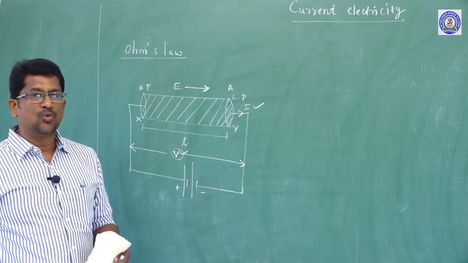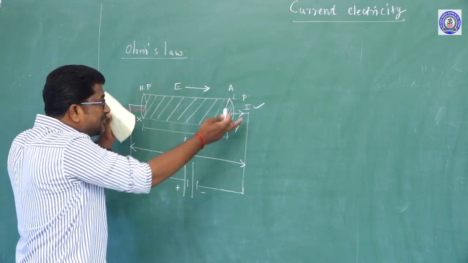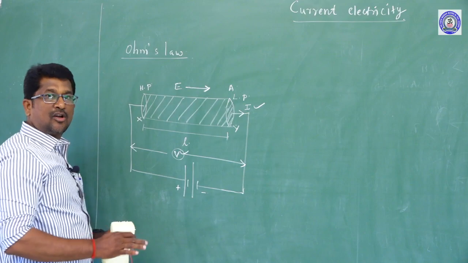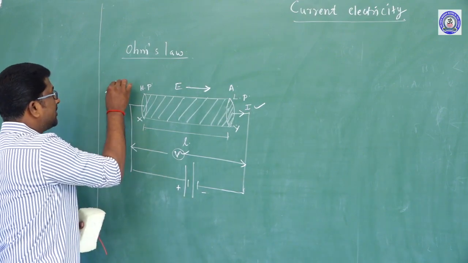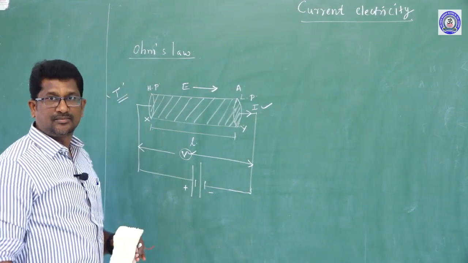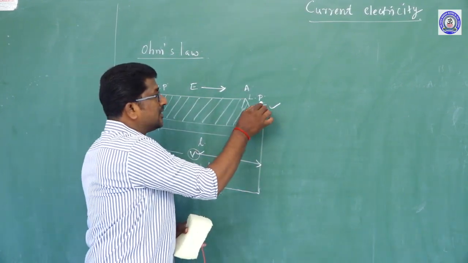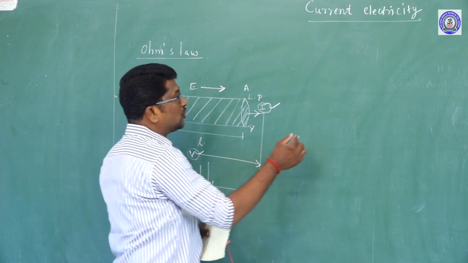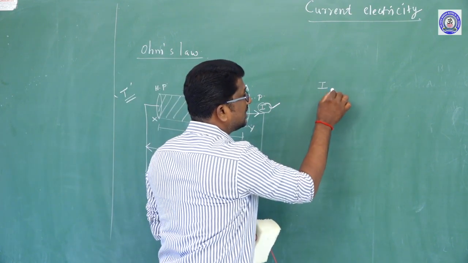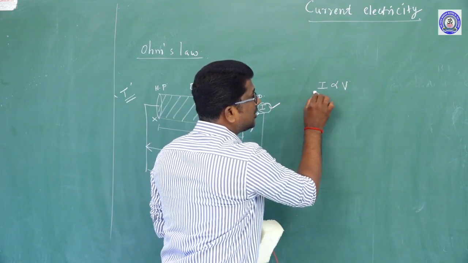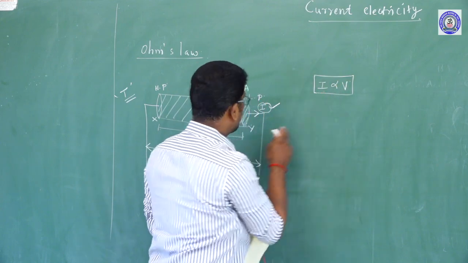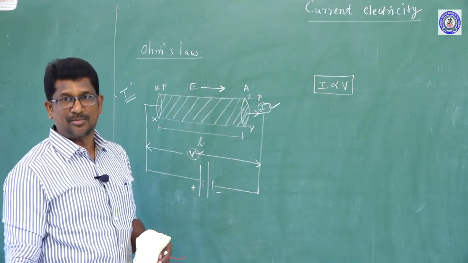According to George Simon Ohm, if the temperature T of the metallic wire is constant, then the magnitude of current flowing through the metallic wire is directly proportional to the potential difference applied between the ends of the wire.